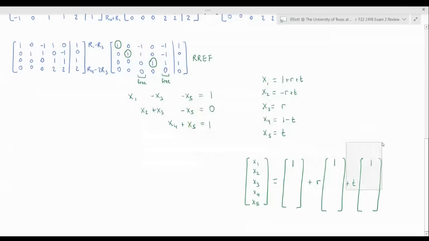X2 is 0 minus 1r plus 1t. X3 is just 1r. X4 is 1 plus 0 r's and minus 1t. And finally, X5 is just 1t, okay?